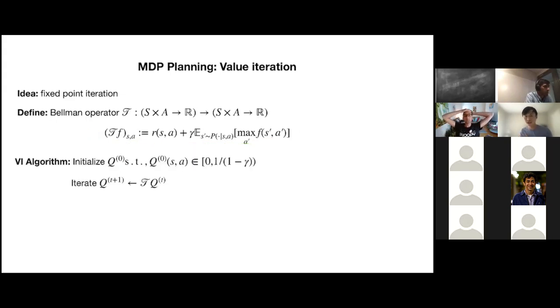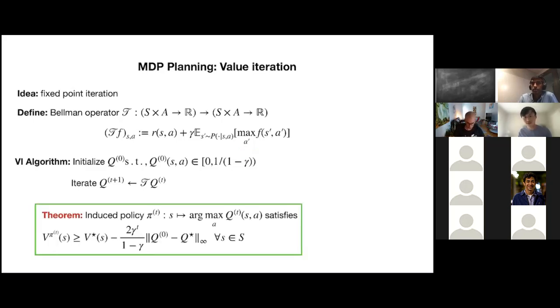You initialize some mapping Q0 that maps from state action to a real from inside this range. The reason we use 1 over 1 minus gamma is that the reward signal is between 0 and 1, and because of discounting, the maximum reward you're going to get over infinitely many steps is 1 over 1 minus gamma. And then we just iterate, doing this fixed point iteration. That's the algorithm.